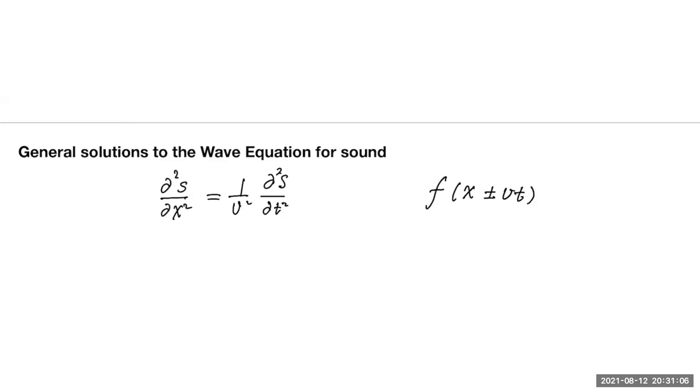The same thing happens here because it's exactly the same equation. Just replace y with s. So s as a function of x and t equals this. That's the general solution. Now, I've never seen any common differential equation whose solution is so general.